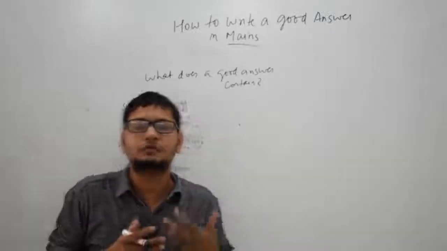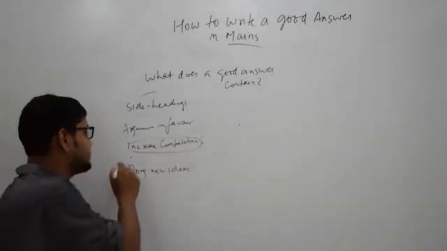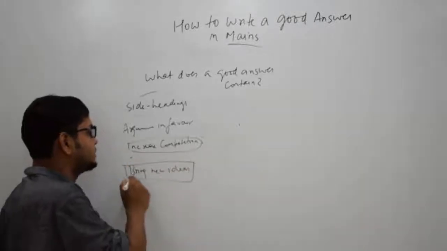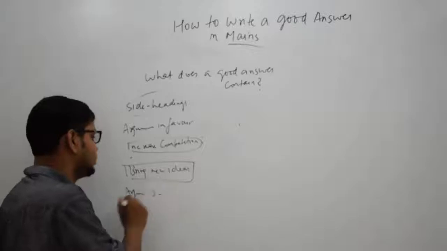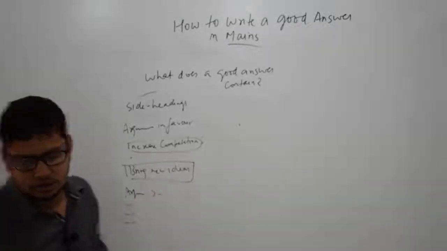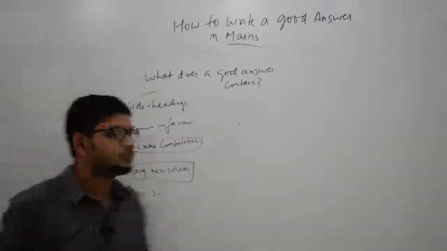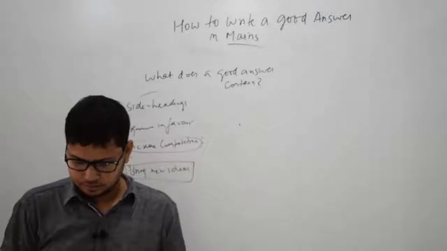So that will always have a positive impact on the examiner if you write side headings in your answer. Both in arguments in favor and arguments against, you can write subheadings and then explain them. This is also one of the key components of a good answer.